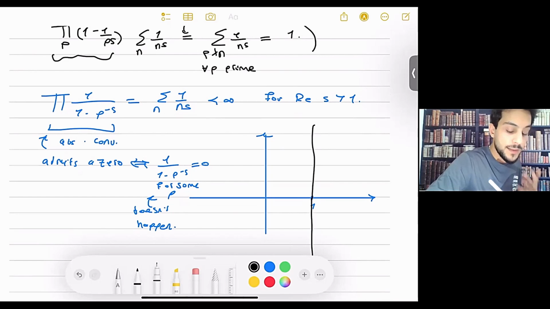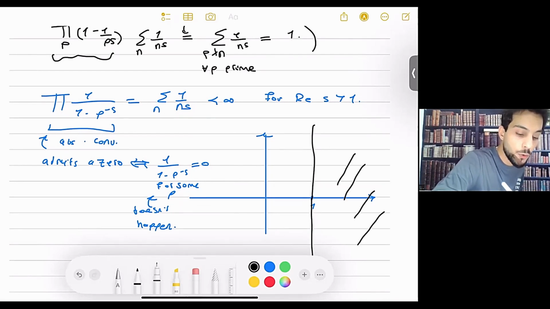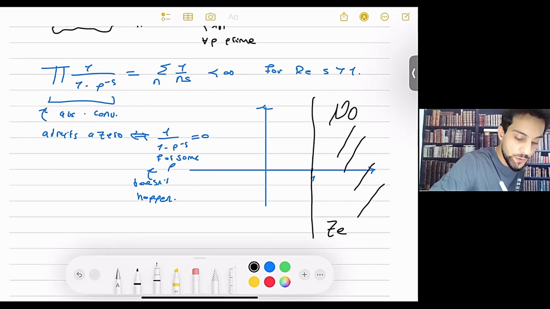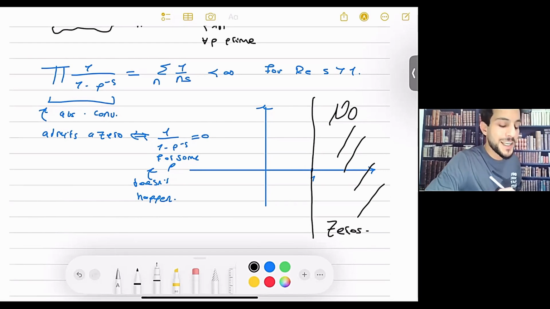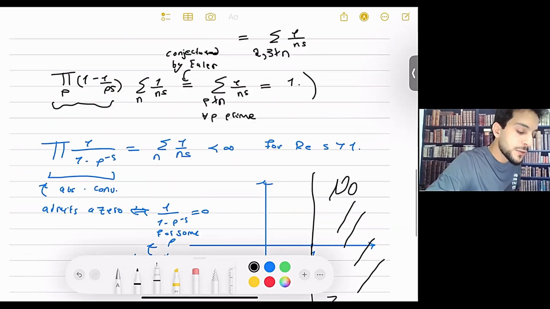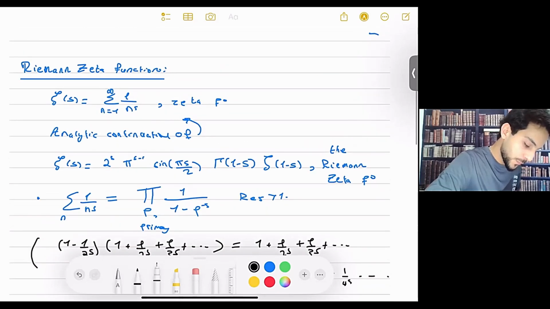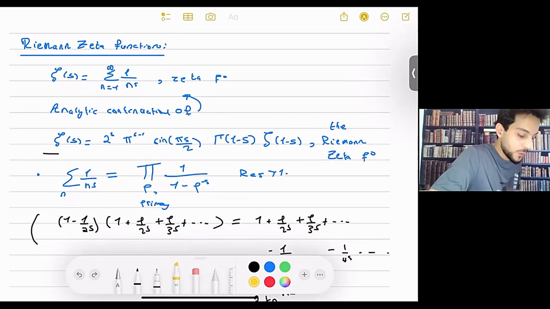Hence, we conclude that the zeta function cannot have zeros over here. So over here, there are no zeros.